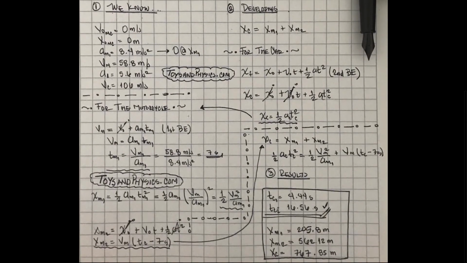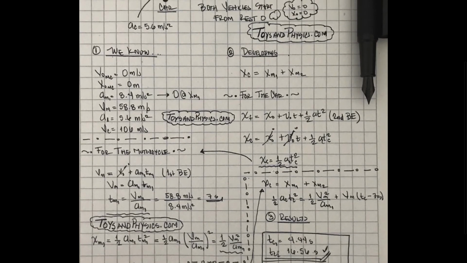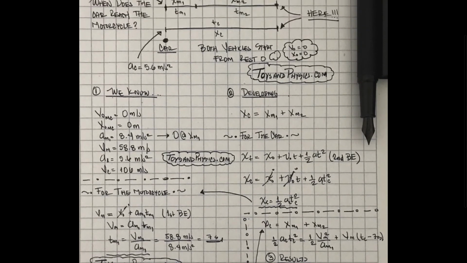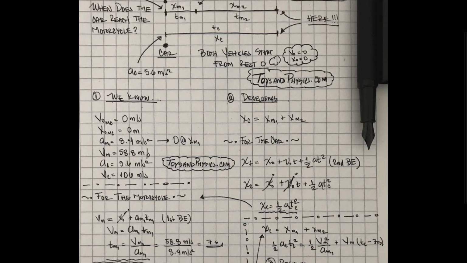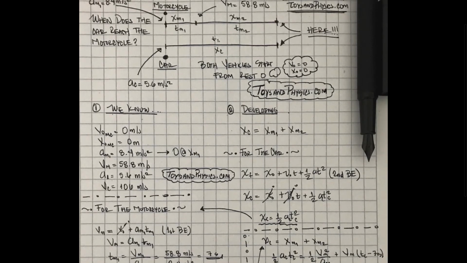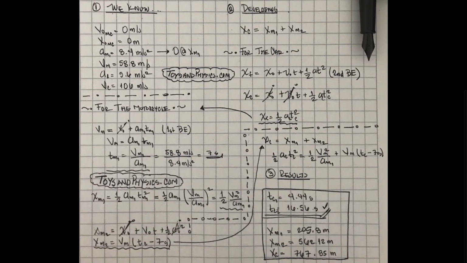Now that time, we could say it's TM2, but TM2 is also equal to TC minus TM1, and that's better because we already know TM1, which is 7 seconds. So we can move that away, or use something that we already know.